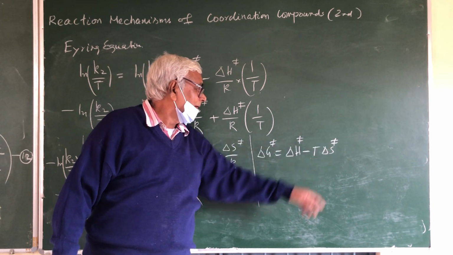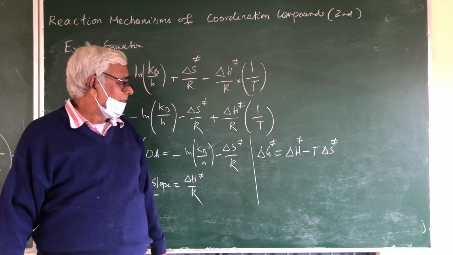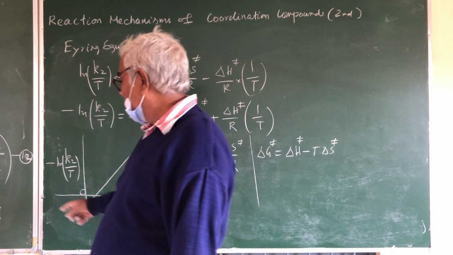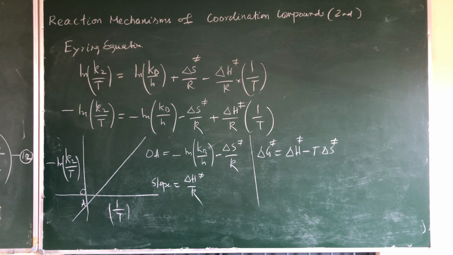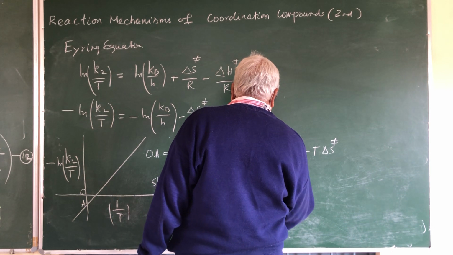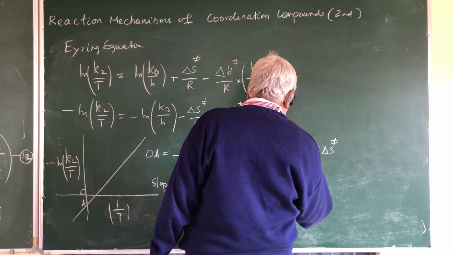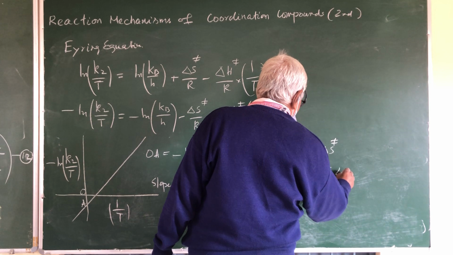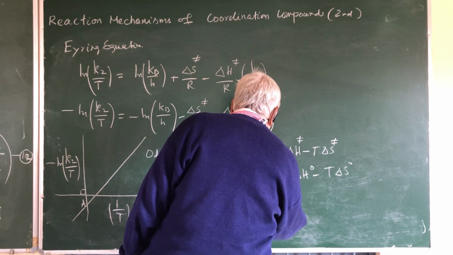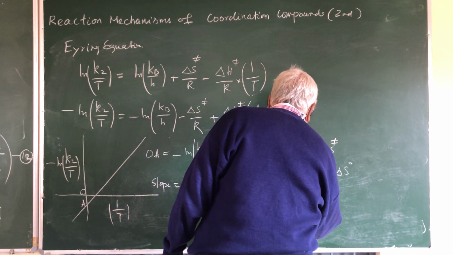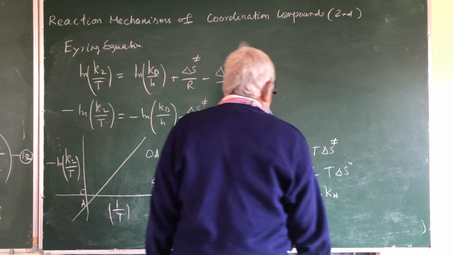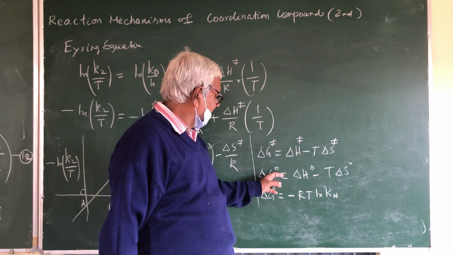And since we have determined the equilibrium constant, we know that delta G0 is equal to delta H0 minus T delta S0, and delta G0 is equal to minus RT ln Kh. So if you substitute this value here, then what do you get?